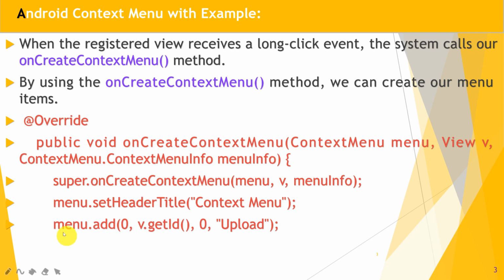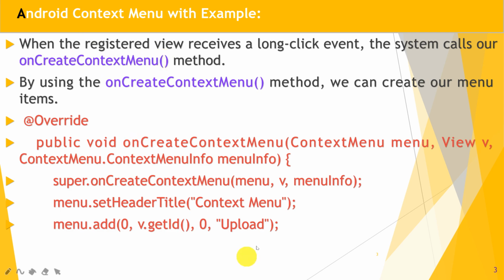So menu.add, and we have to pass 4 different arguments. First 0, that is the row index. Then v.getId, that is which view we attach the menu items to. So view v is the object of the view which we have registered.